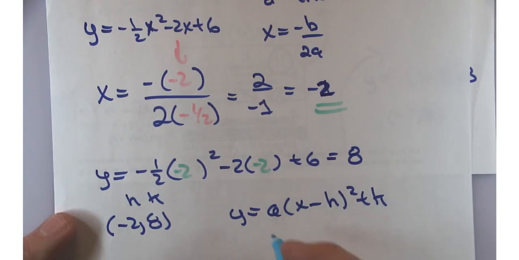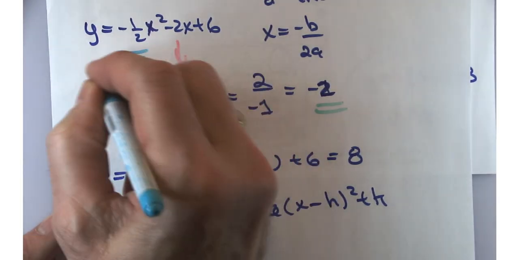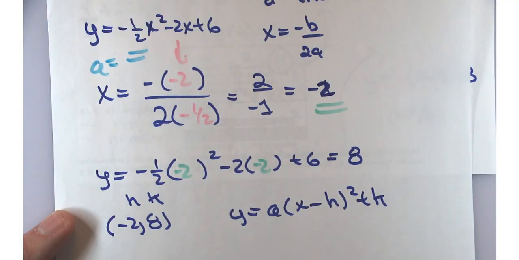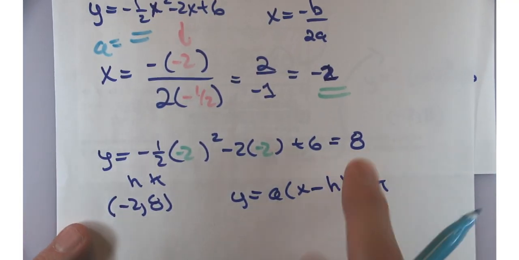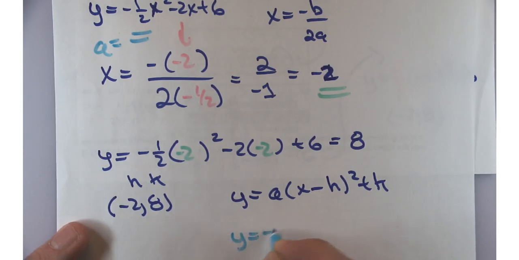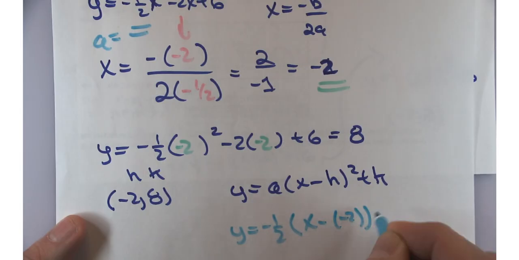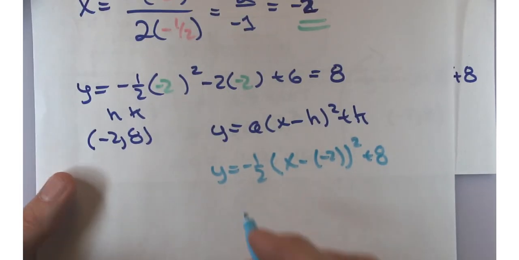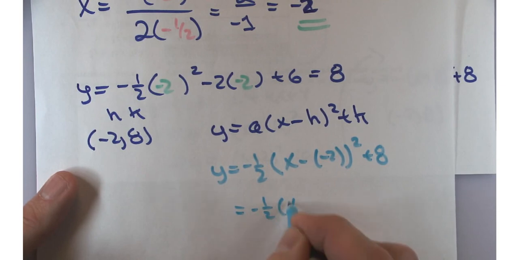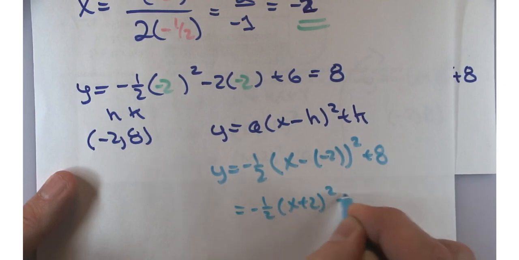So this a, that's your a, negative 1/2. So plugging this stuff in, I've got y equals negative 1/2 times (x minus negative 2) squared plus 8. Or better yet, negative 1/2 times (x plus 2) squared plus 8.